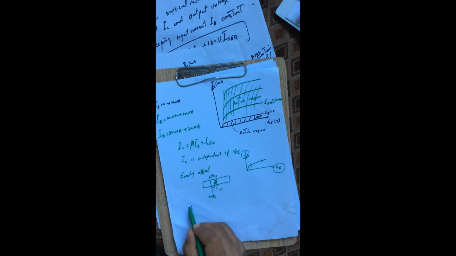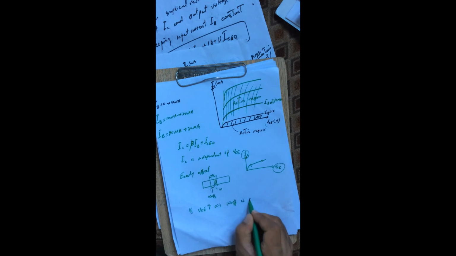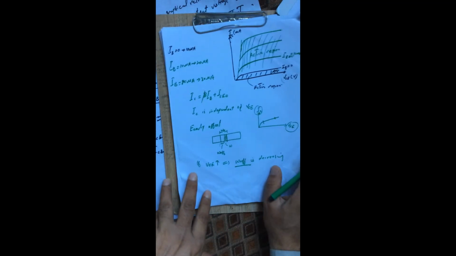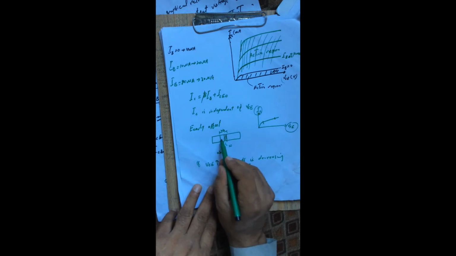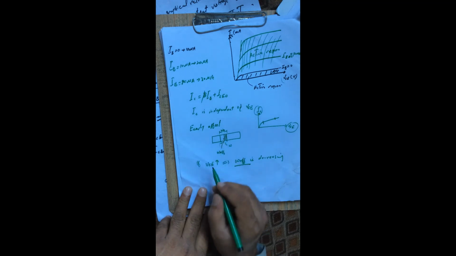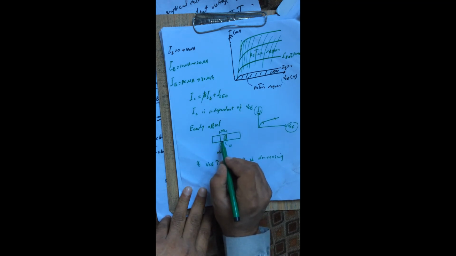Now if VCE is increasing, what will happen? Then the effective width W is going to decrease. If W effective is decreasing, it means there is less recombination of electrons and holes in the base region. What does that mean?